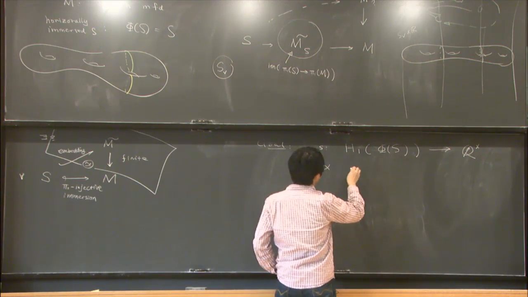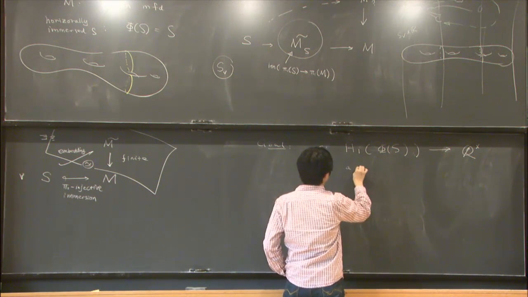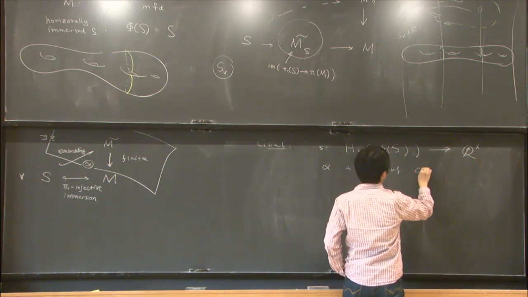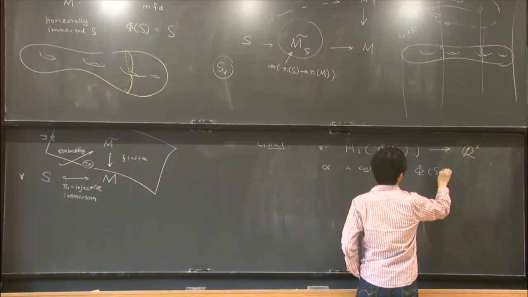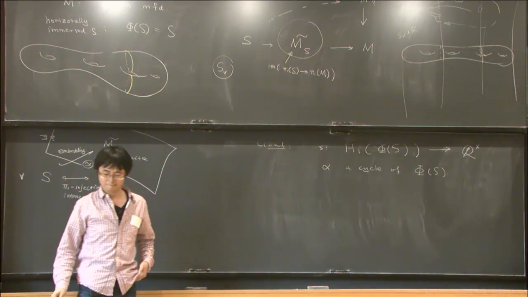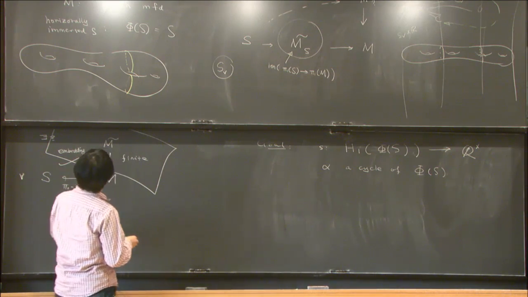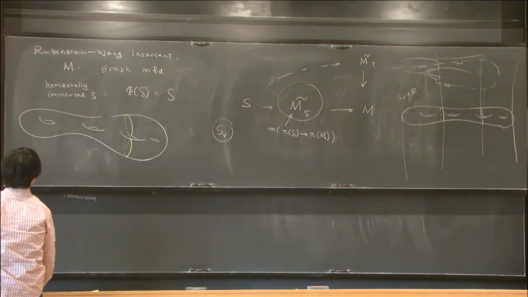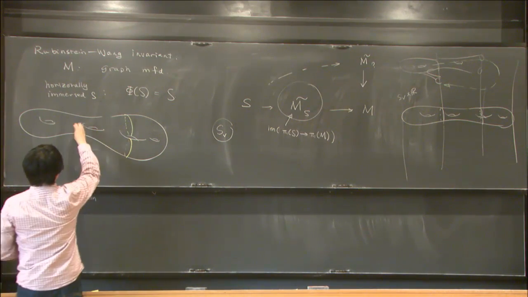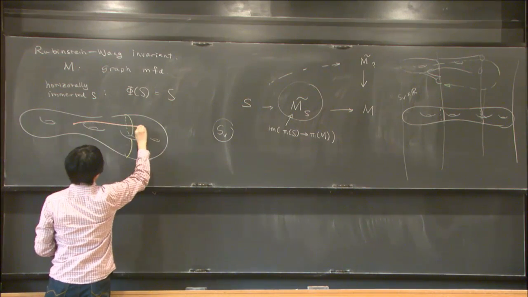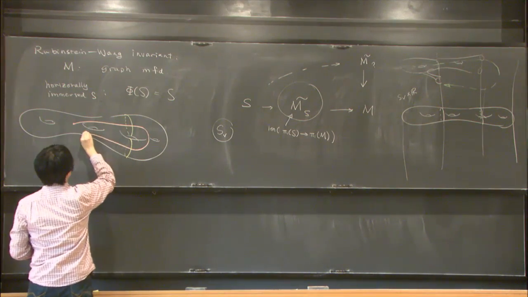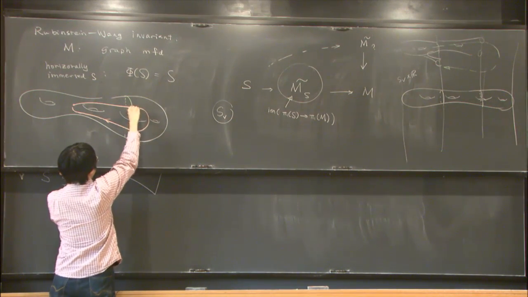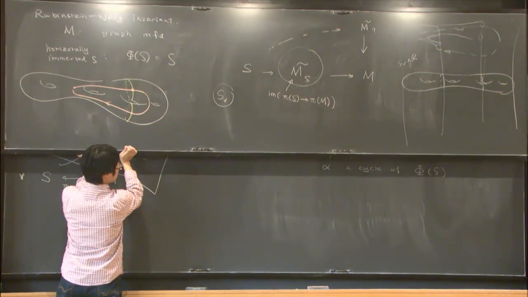When you have an alpha that is a cycle of Vs, alpha would just look like something inside here, and it intersects a number of decomposition curves. Like in this picture, it intersects 2 of them.